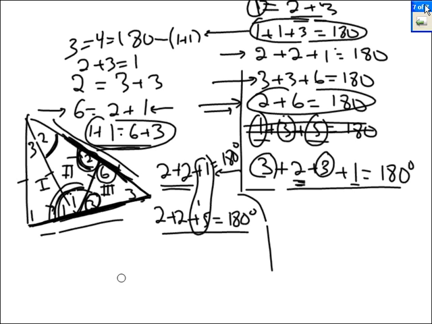So we want to know what angle 3 is. Spend another moment on this, but I'm really not seeing this. Angle 2 plus angle 3 is angle 1.